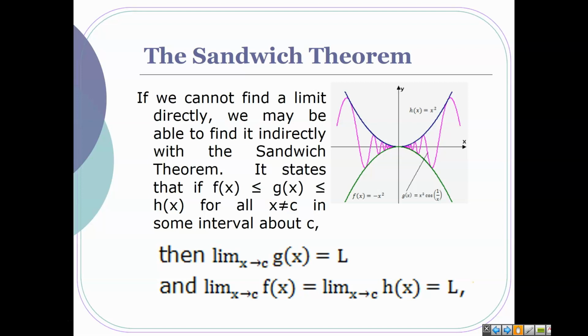And then if you put the x squared on it, it increases that oscillation exponentially because now it's trying to square even more. So this image right here is an extremely zoomed in image of the graph of x squared cosine 1 over x and the parent function x squared and its reflection. So the sandwich theorem, it's also known as the squeeze theorem.